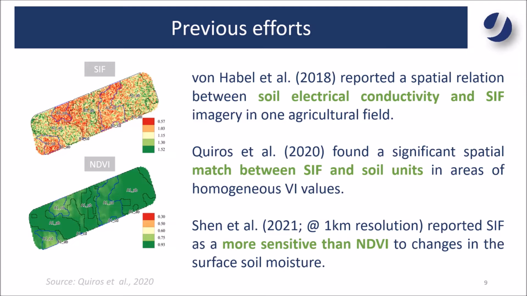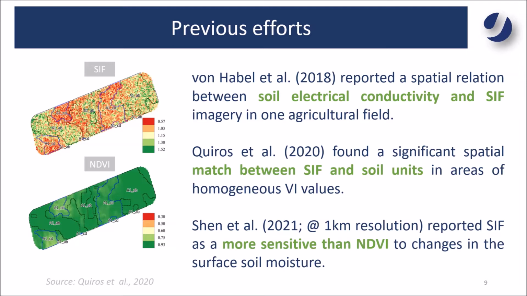Then last year we presented an abstract at the AGU conference, where with other collaborators we found a significant spatial match between SIF and the spatial distribution of soil units in cases where vegetation indices remained homogeneous.